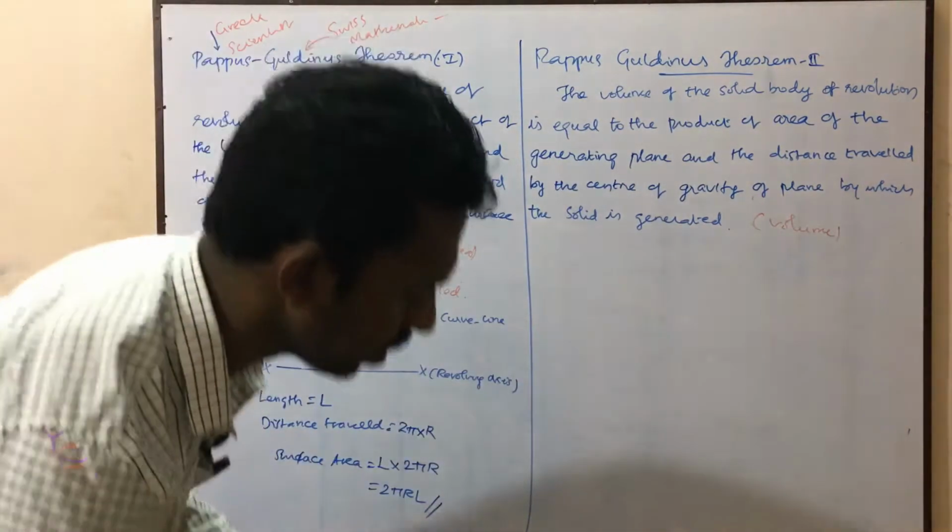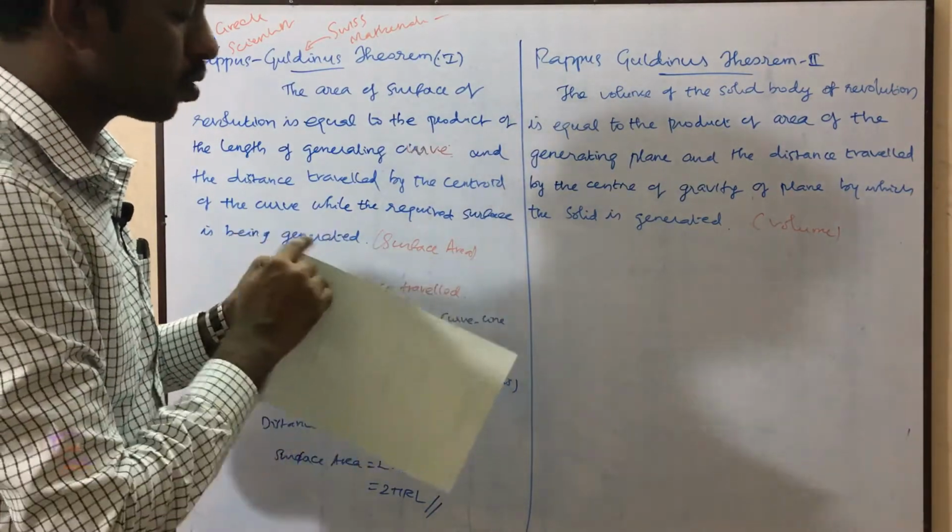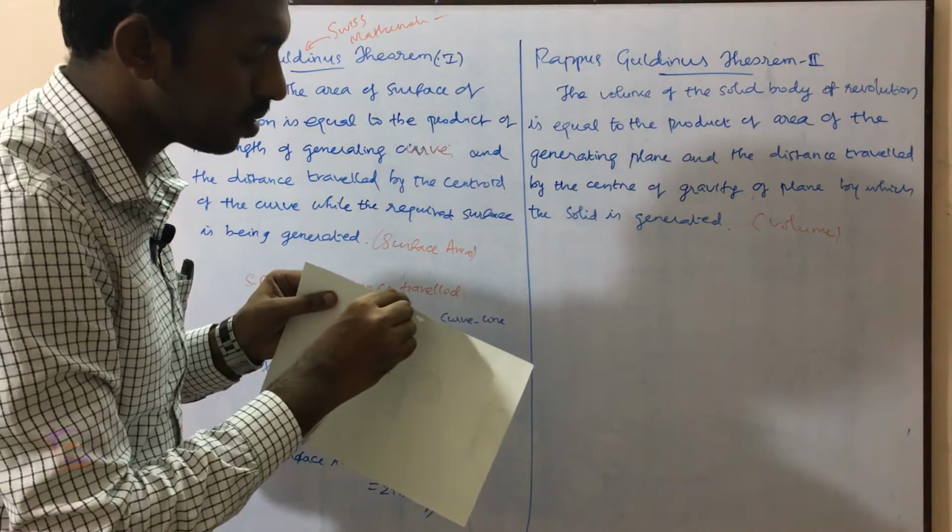Now I can explain with an example. Take this as the line PQ, and this is the centroidal point.